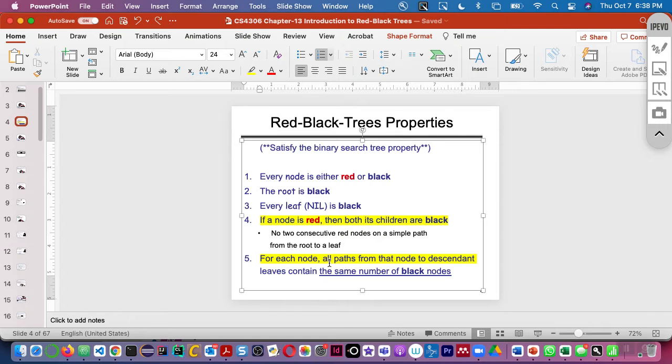We saw that while we do insertion, we maintain all of these rules. In order to satisfy all of these rules, sometimes we did recoloring and rotation.